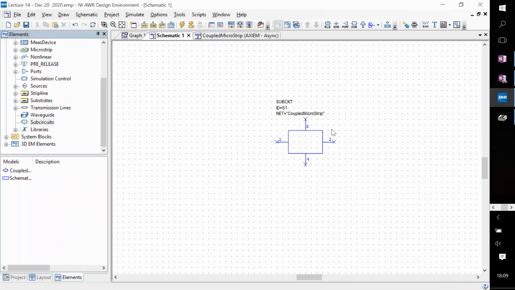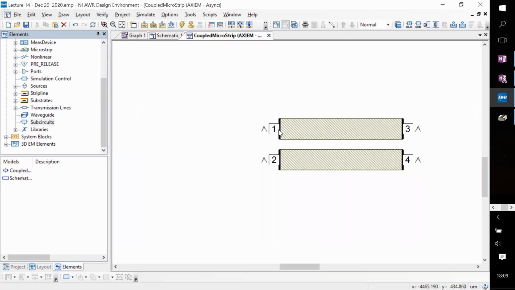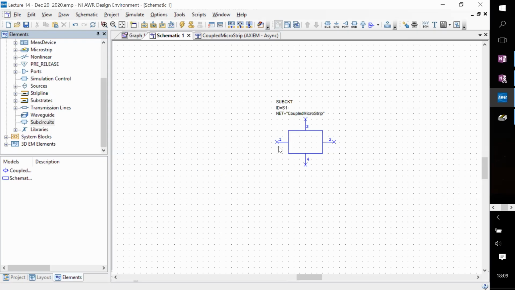Now you see the sub-circuit has 4 ports as expected because it's a 4-port device. Sadly, the way it numbers, it doesn't reflect the symmetry here. So 1 and 2 are on the same side, but here 1 and 2 are on the opposite side. That's okay. We just put the ports the same way.